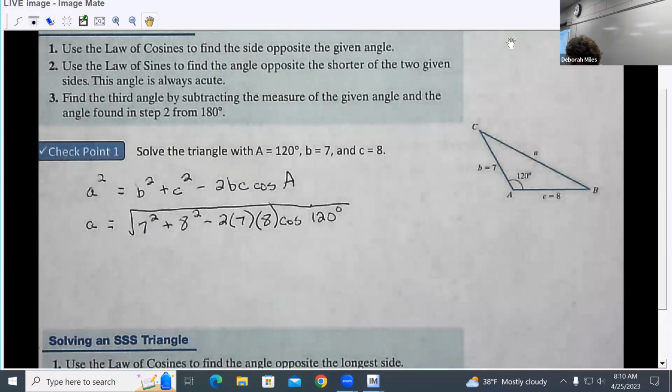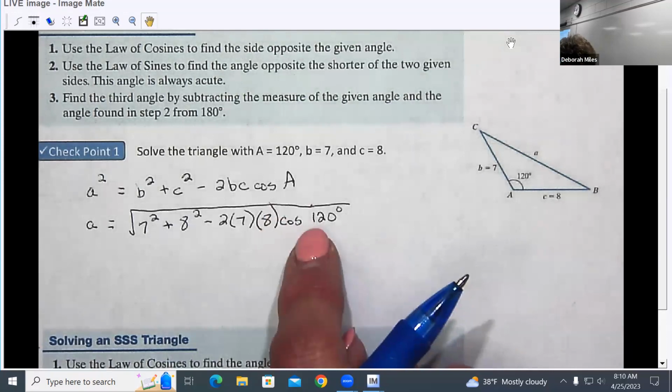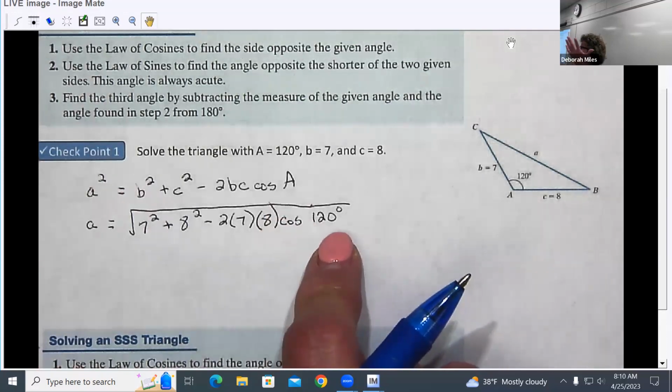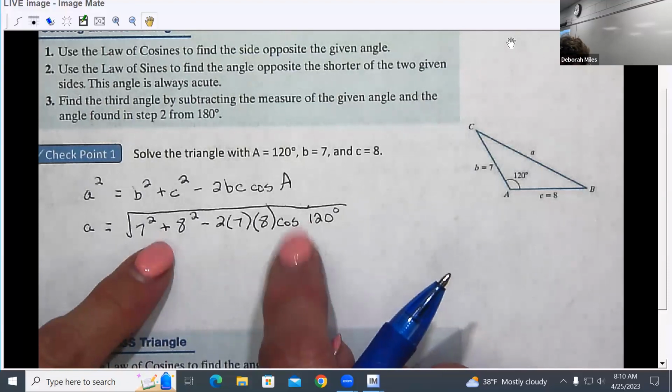Now, can I find an exact value for that, or would I have to find a decimal approximation? I could find an exact value because I could tell you exactly what cosine of 120 degrees is. My answer would still be irrational, the square root of something, but I could find it exactly.